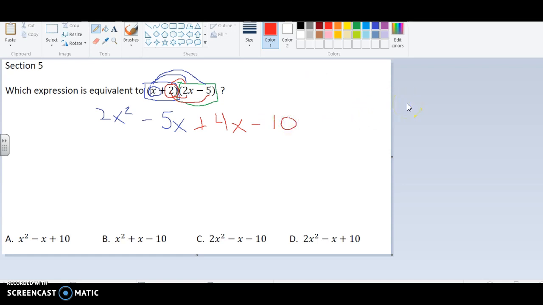So I want y'all to know, what I did there is actually a little memory tool you can use. It's called the FOIL method. We did the first two terms.